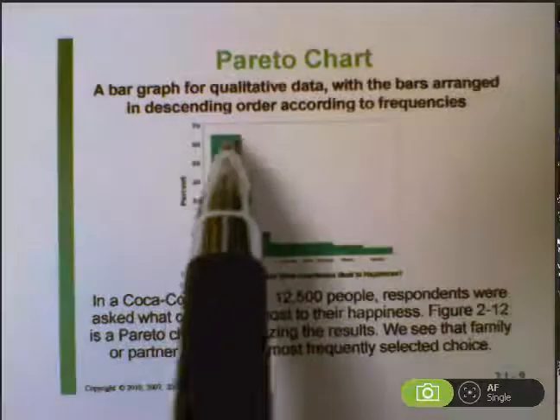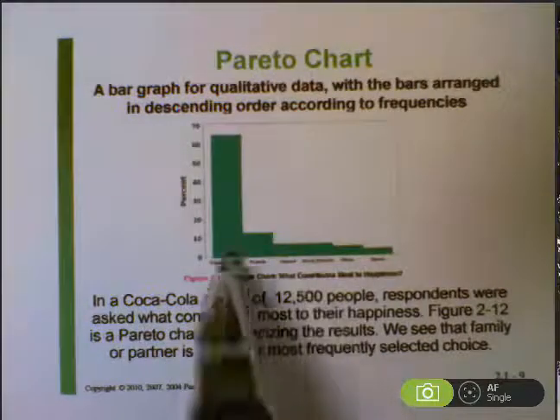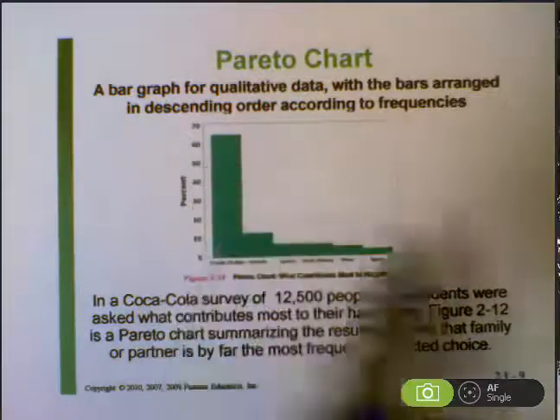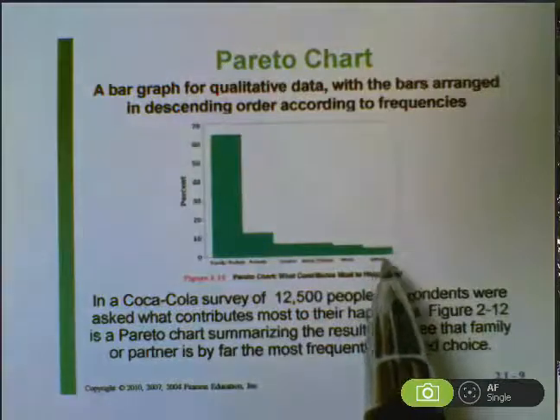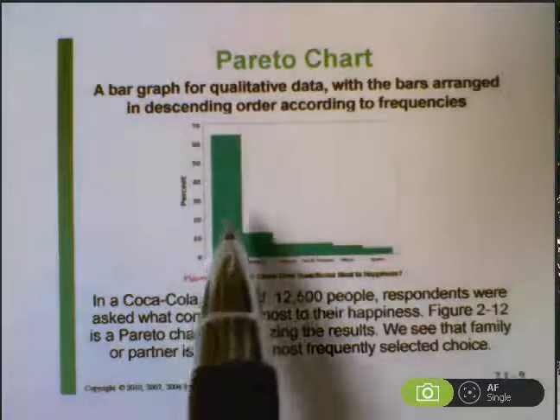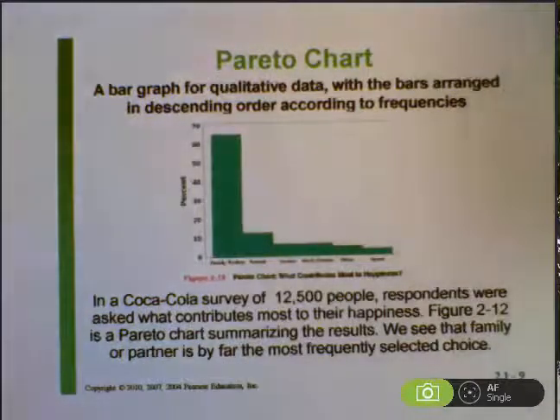About 65% of that 12,500 said their family and friends are their greatest source of happiness. Over here, the lowest source of happiness is derived from sports. So a Pareto chart is just this bar chart with the categories arranged in descending order.